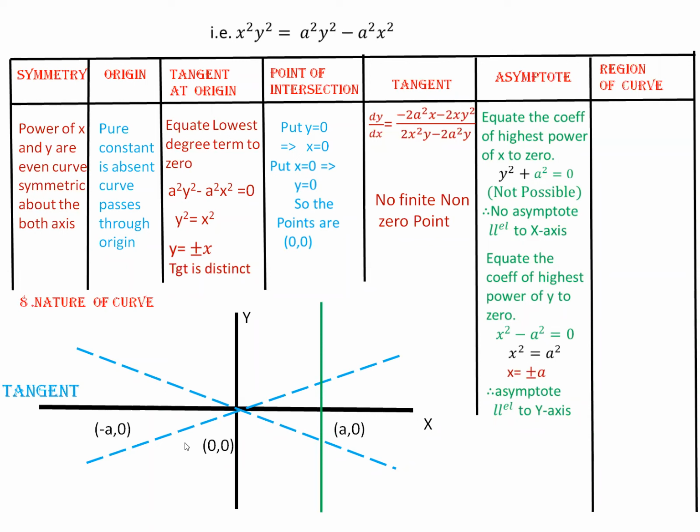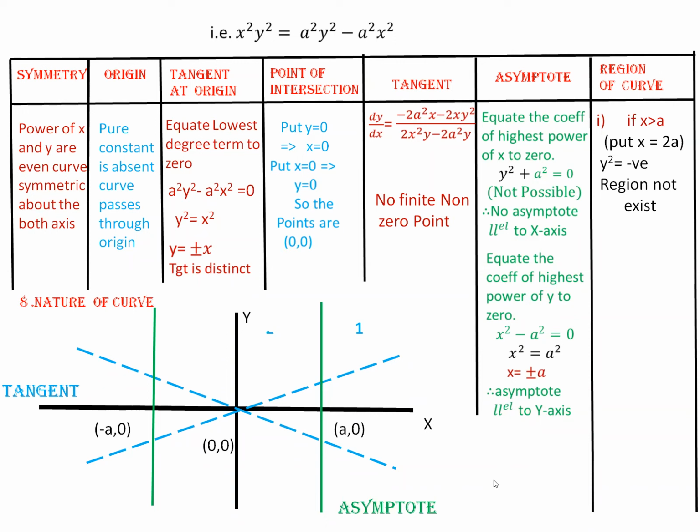So x-axis, y-axis, then draw two tangents at origin, that is y equals x and y equals minus x. Thereafter x equals a and x equals minus a. Draw those two asymptotes. Now look at this.